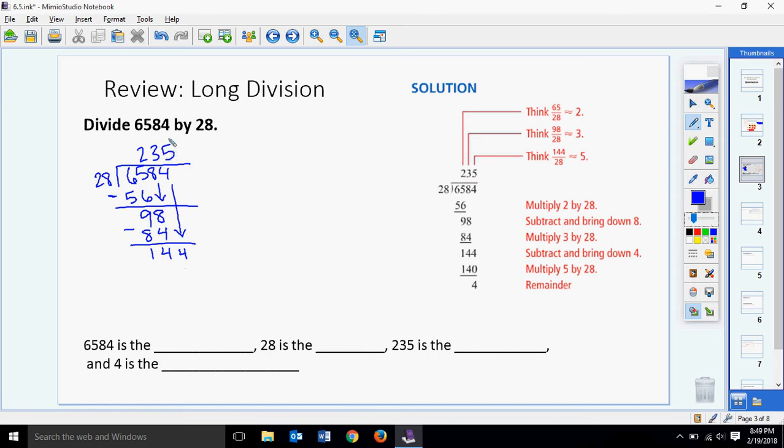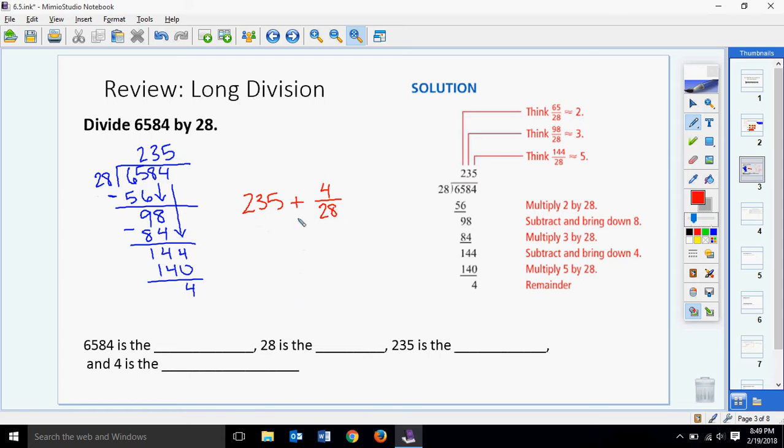It's about 5 evenly. 5 times 28 will give me 140. Now I subtract and I get 4. So my answer here is 235, but I have a remainder of 4. So it's 235 evenly plus 4 out of the 28.